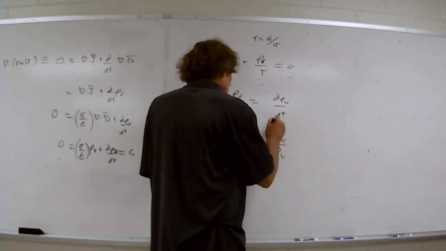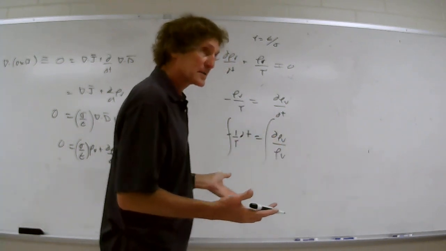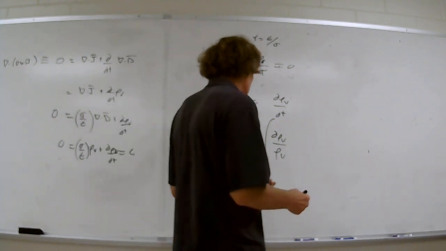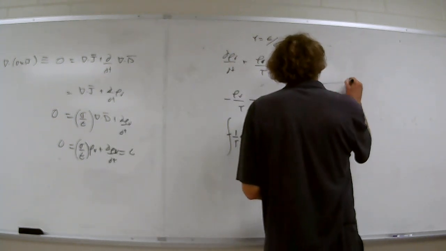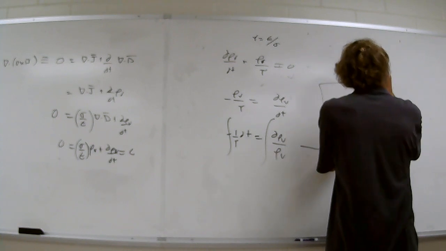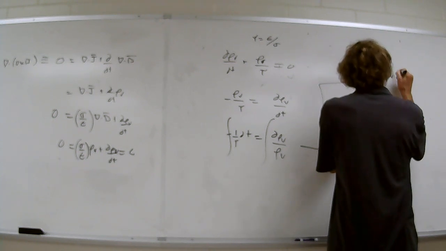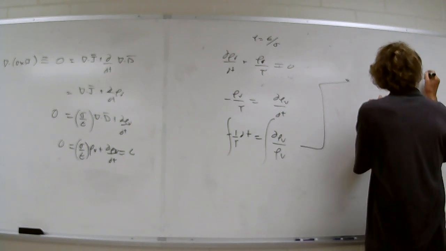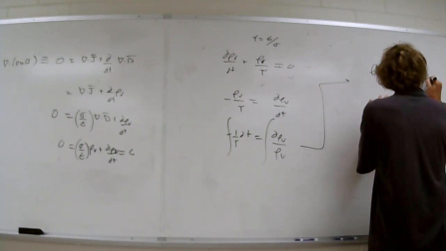Now, what happens here? If I integrate both sides, this is like integrating 1 over x dx, correct, class? So that's natural log. I get natural log of rho v is equal to the integral of that, which is just minus t over tau.